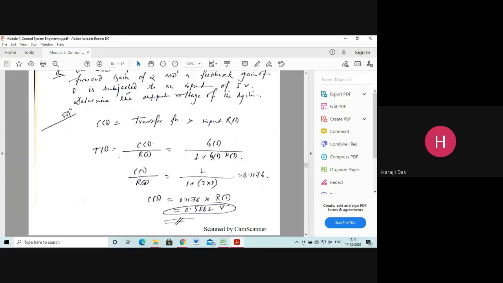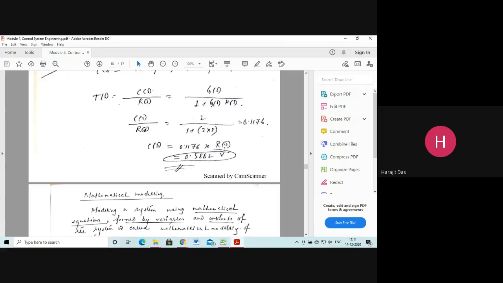Multiplied by R of S, you will get 0.5882 volt as the output. Understood? That is why it is very important to find the transfer function for any kind of system. It will give you the forward path gain directly, or simplify the system.